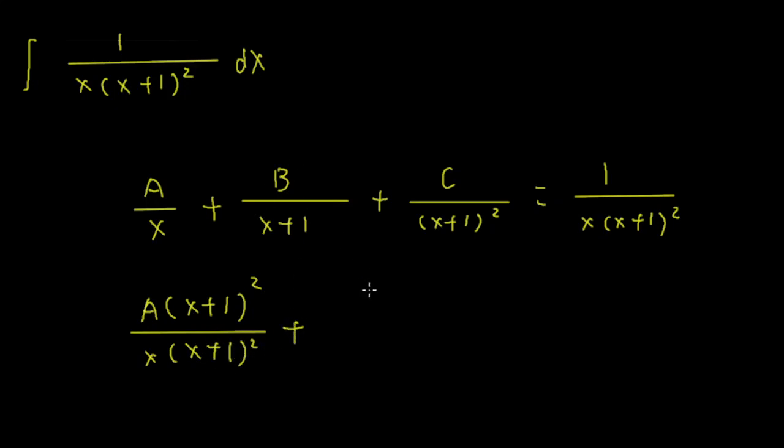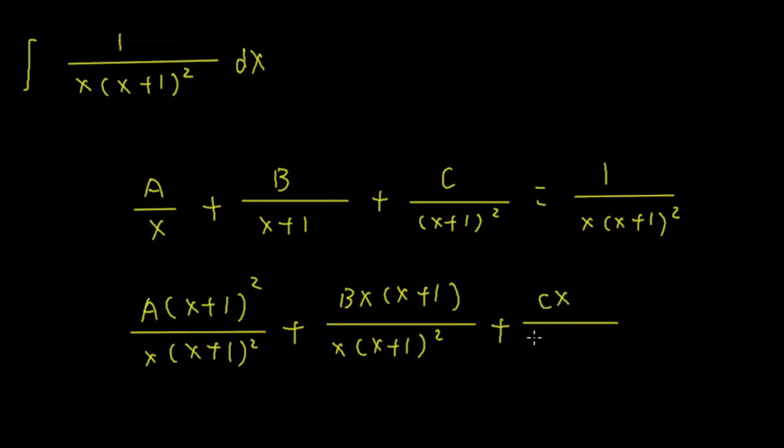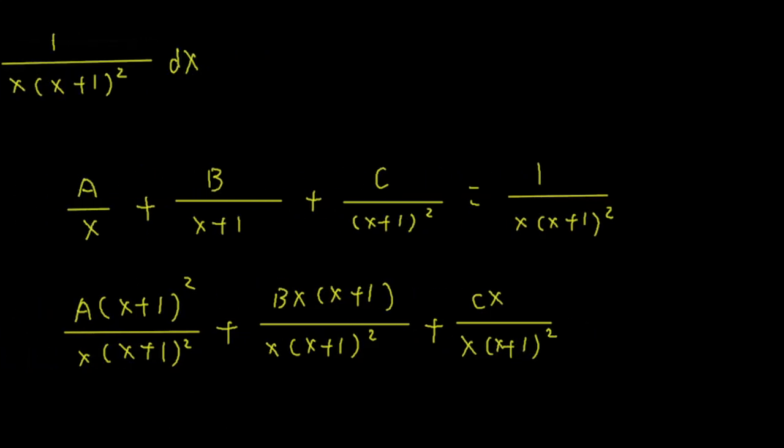Now plus this term will be b times (x plus 1) over x times (x plus 1) all squared, plus this term here will be c times x over x times (x plus 1) all squared. And that's equal to 1 over x times (x plus 1) all squared.